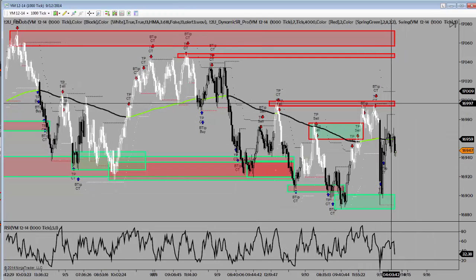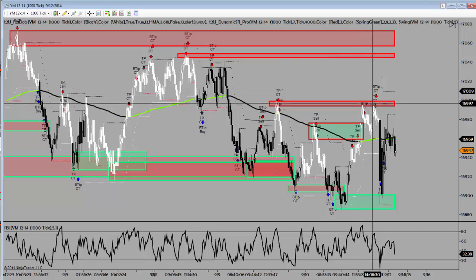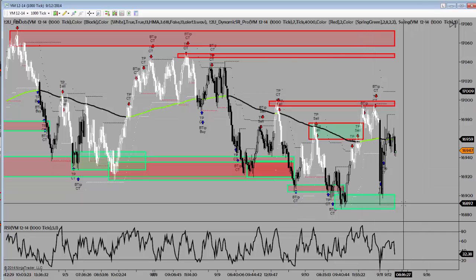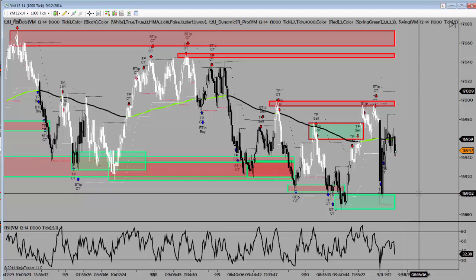So if this is my DSR resistance, I want to be a seller at or near 17,000. I love that big round number as well. You see price has been rejected here once, twice, 3 times a lady. If I'm a buyer, I want to look for the 16,890s, 16,900s. Right now we're literally almost right at the 50% retracement of that zone.